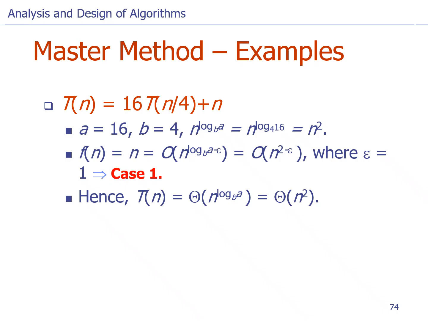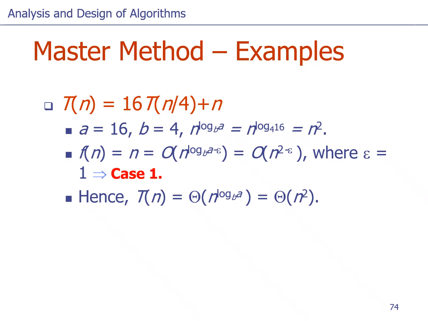That's n squared. Now f of n is n. The question is, can I rewrite f of n in terms of n to the power of log a base b? Yes, the answer is yes, but I have to make the epsilon 1. So since here it's going to be minus epsilon, not plus epsilon, it's case 1.